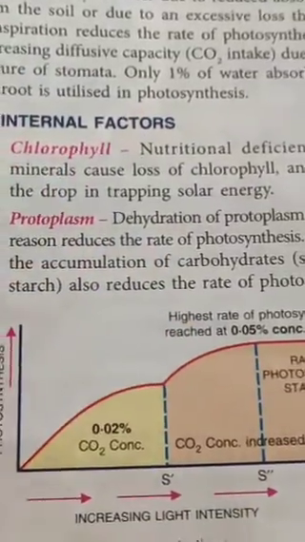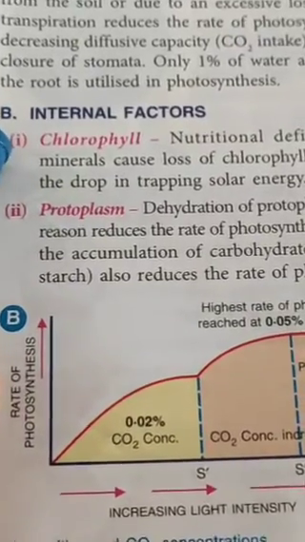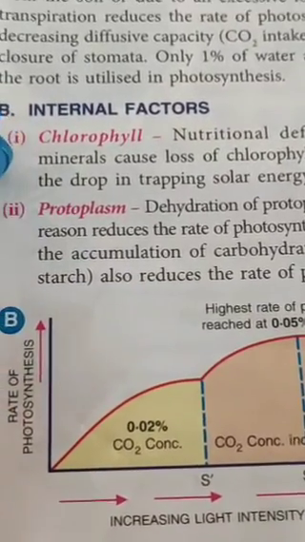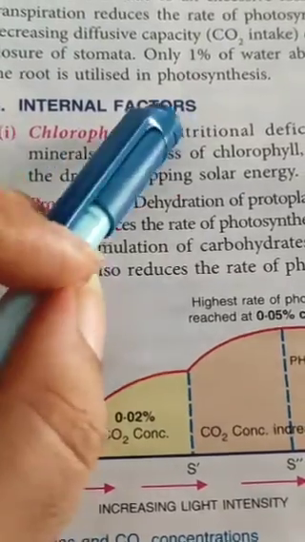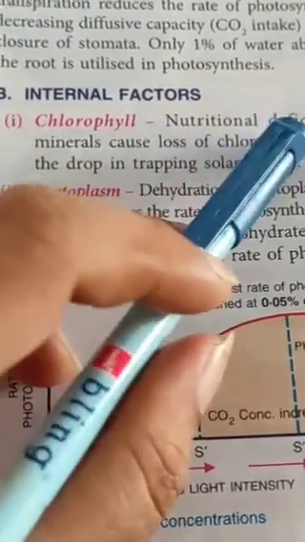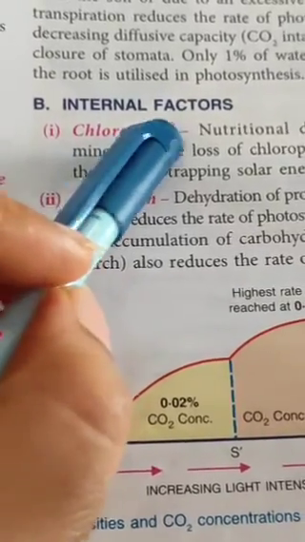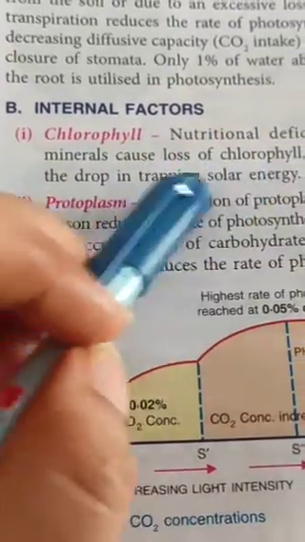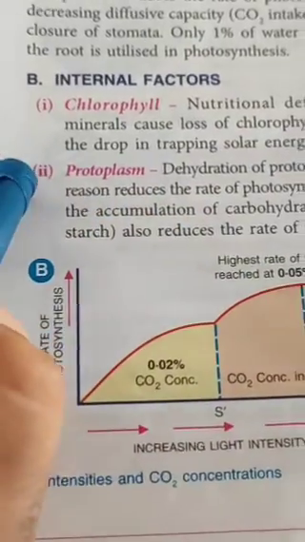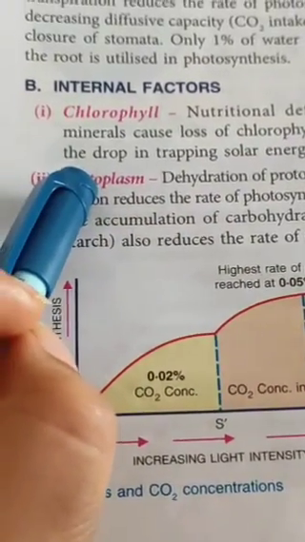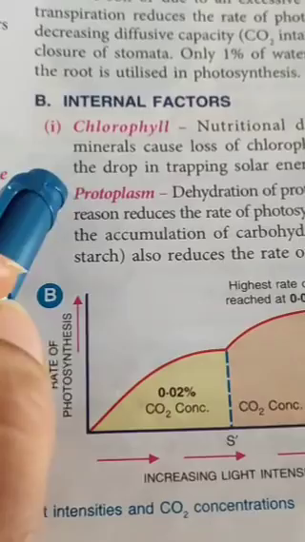Internal factors. Here we are having again 3 factors. First is chlorophyll. So if plant is not having proper chlorophyll due to some deficiency of mineral, it is not getting produced, so there will be less photosynthesis. As we know that chlorophyll traps solar energy which helps in photosynthesis. And then protoplasm. Protoplasm is whatever is present inside the cell membrane.